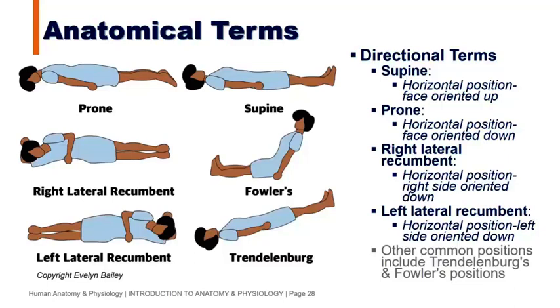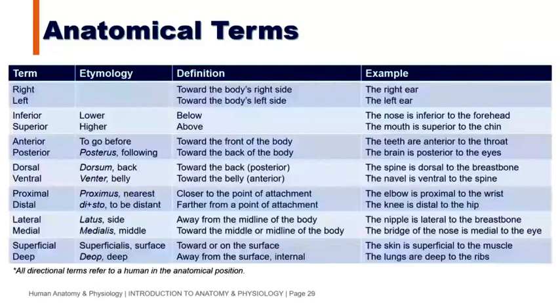And then you have your left lateral recumbent, a horizontal position with left side oriented down. And there are other common positions, including Trendelenburg's and Fowler's position. Here is a summary of the anatomical terms. We have the terms, and then next will be etymology, and then your definition.